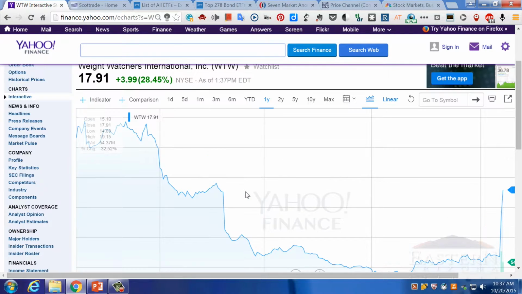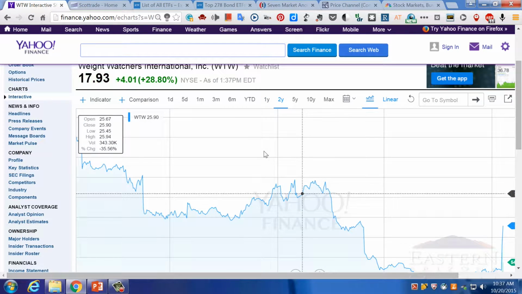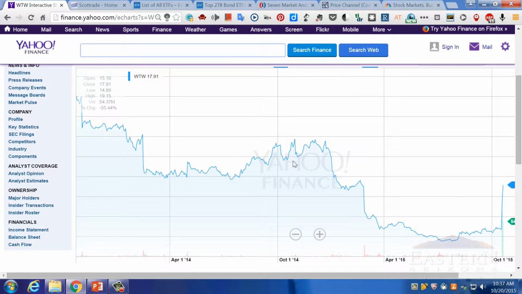Well, now that's interesting. Look at that. So maybe that's why Oprah went into it, because look at how low it was. You can kind of see what she was doing. She was brilliant. She went bottom fishing for Weight Watchers, thought it was a really good company, and now look at how it spiked.